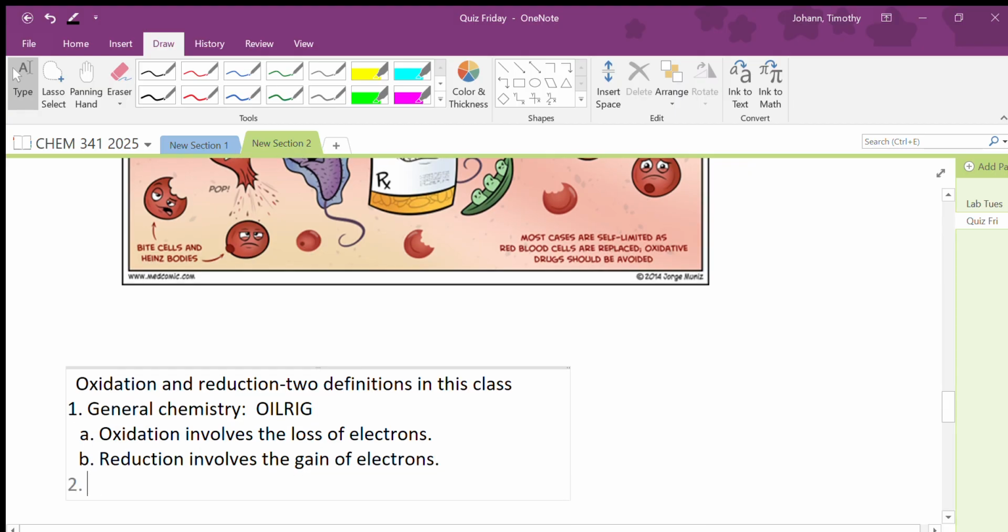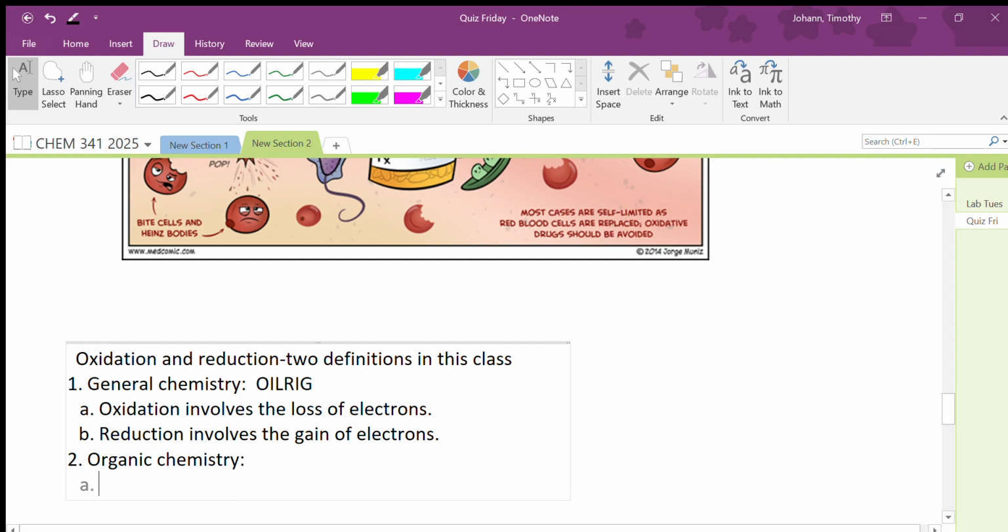Okay? How about organic chemistry? Yeah. And we based it off of the more bonds to oxygen is like oxidation, and then less bonds to oxygen or more bonds to carbon, I think is not more bonds to carbon, but less bonds to oxygen.